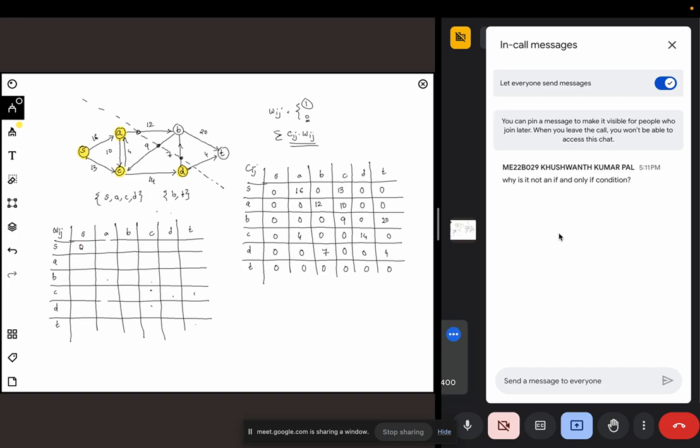S to S, both are in the same set, so Wij is 0. S to A, S to B, S to C, S to D is the same set, so 0.